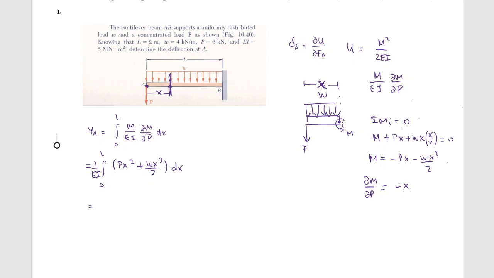I do the integral, and this is Px cubed over 3 plus Wx to the 4th over 4, and there was already a 2, so there's an 8. Again, 1 over EI times this, evaluated at L and 0, meaning 1 over EI times PL cubed over 3 plus WL to the 4th over 8. Right?